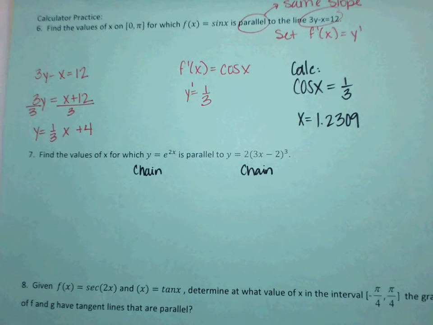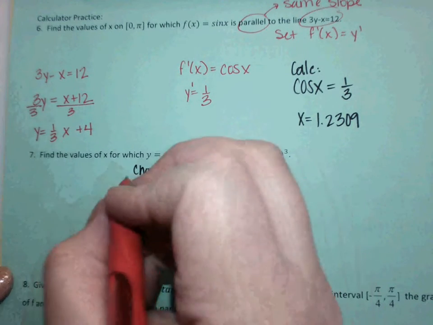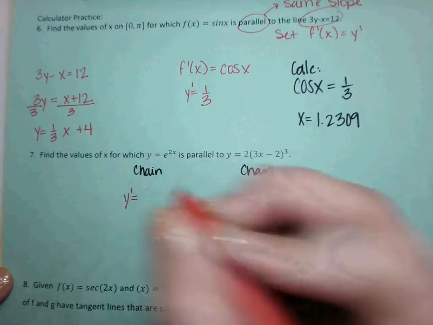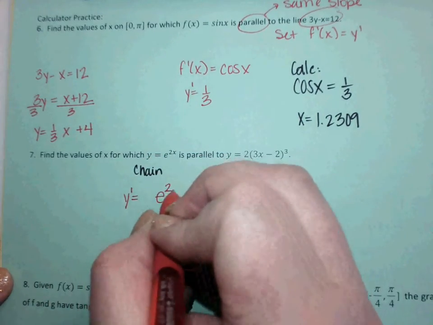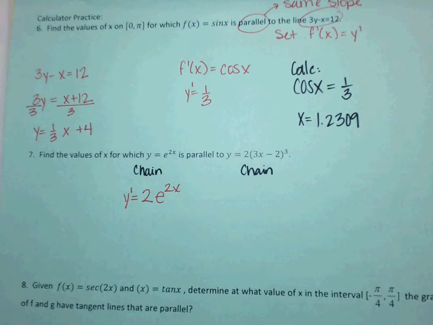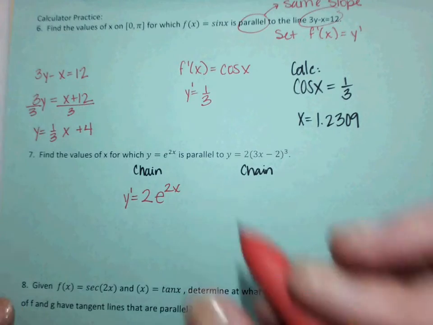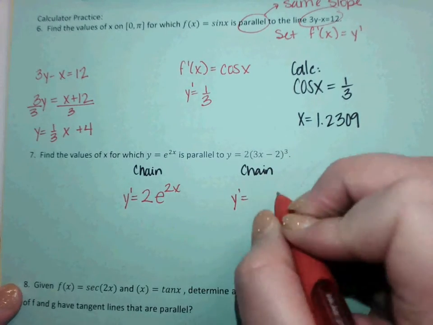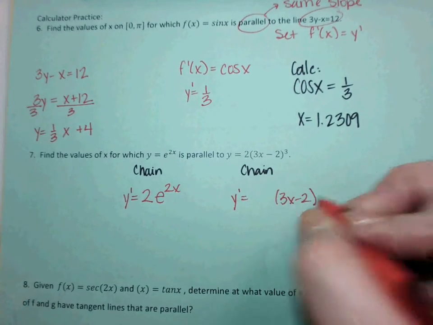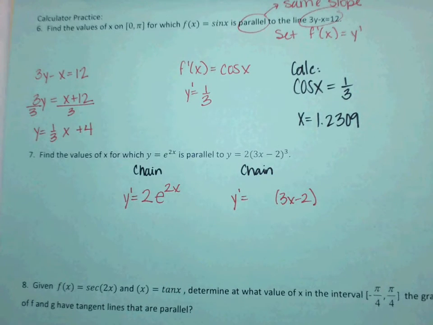You're taking the derivative of y equals e to the 2x and y equals (3x minus 2) cubed. E to the 2x times 2, that's correct. Yes? Sure. Okay, then for my other guy, what's my core? 3x minus 2, but then I need to do power rule around it.